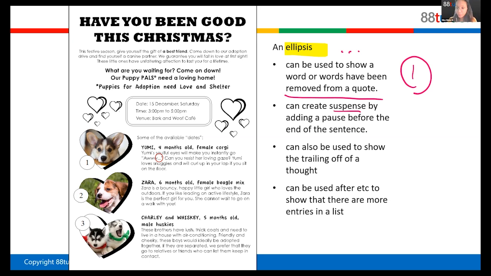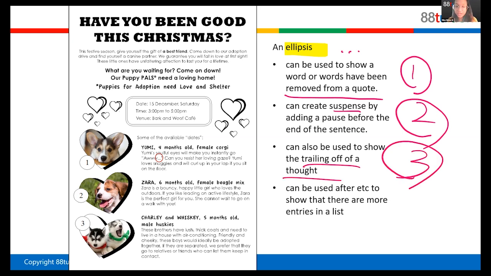Third, it can be a trailing off of thought before someone cuts in. If you read a storybook, dot, dot, dot, then someone says something else, you know it's a cutting in on a trailing thought. Or fourth, it can be used after etc. to show there's a lot more, but you don't want to list everything. So those are the 4 reasons why you use an ellipsis.